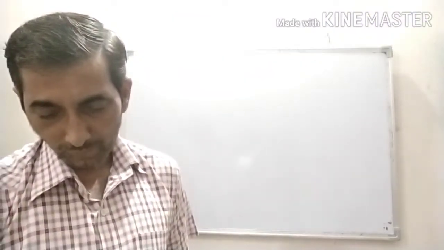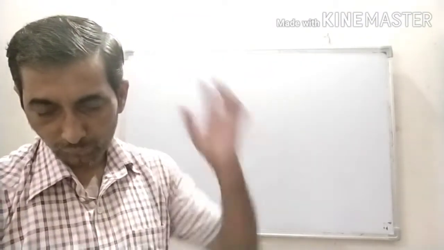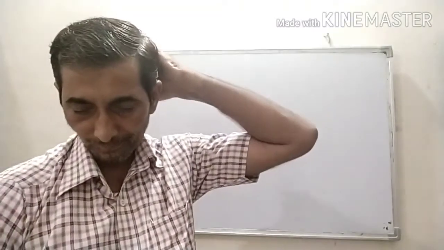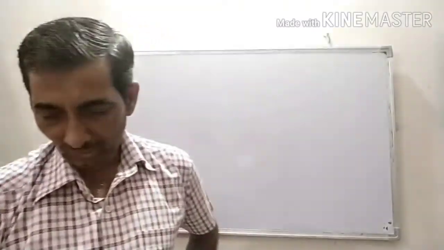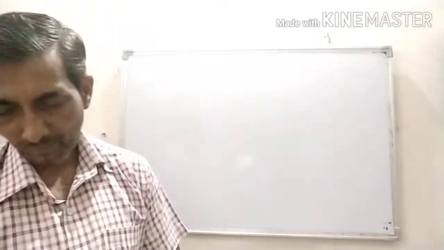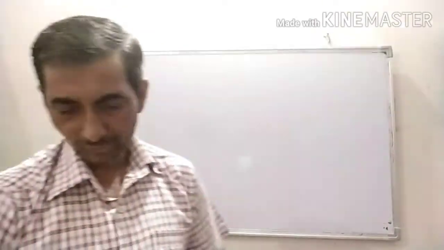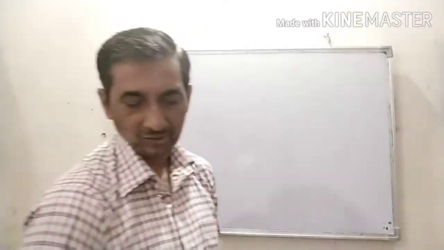Meena went to a bank to withdraw 2000 rupees. She asked the cashier to give her 50 and 100 rupee notes only. Meena got 25 notes in all. Find how many notes of 50 and 100 she received.